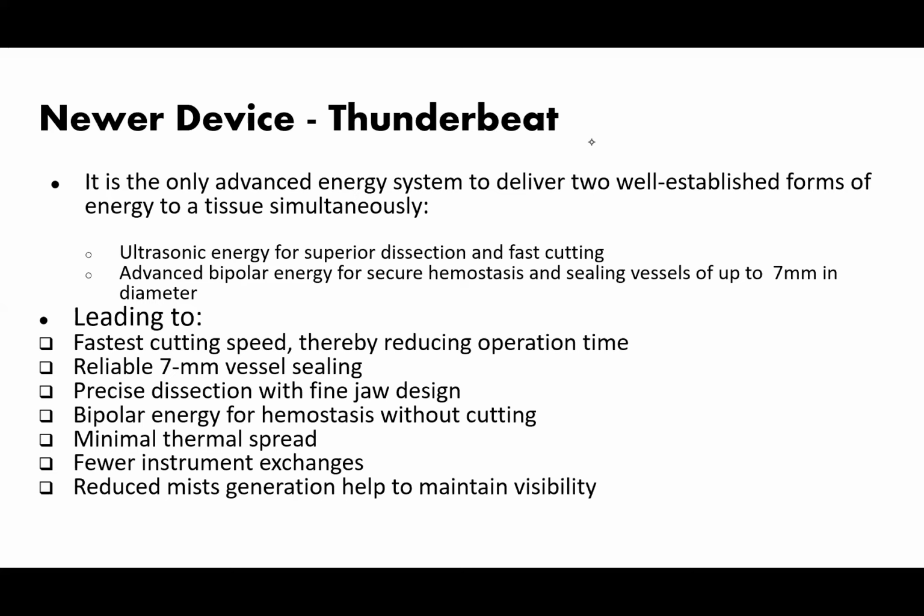You can see how everything is just advancing. Now, the newer device is called the Thunderbeat. It is the only advanced energy system to deliver two well-established forms of energy to a tissue simultaneously.